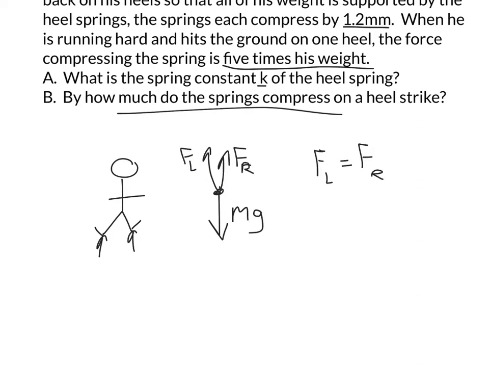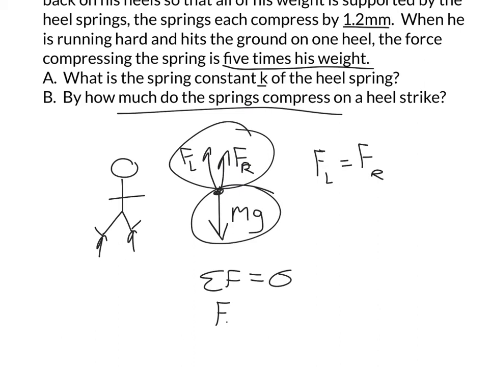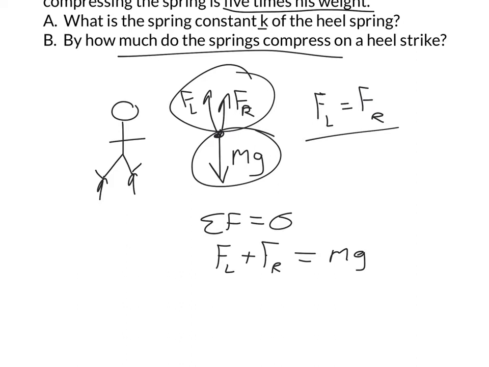And furthermore, let's do a sigma F. Sigma F equals ma. Well, he's not accelerating, he's just standing still, so F equals 0. Or all the up forces have to equal all the down forces. So force on the left foot plus the force on the right foot has to equal mg. But those two things are equal. So each individual force is the same.